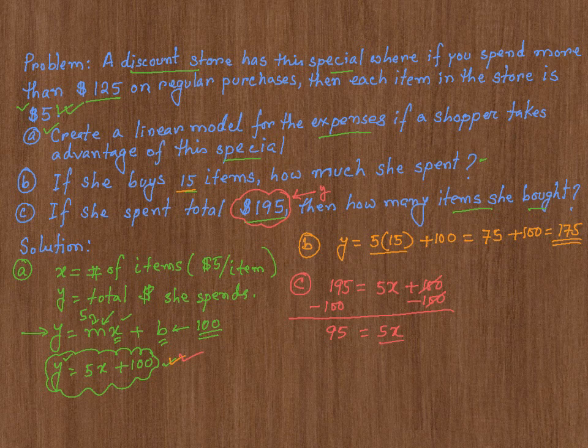Then I divide both sides by 5 because I'm solving for x. 5 goes into 95 19 times, and 5 and 5 cancel. That gives me 19 is equal to x, which is to say x is equal to 19. That means she purchased 19 items when she spent a total of $195.